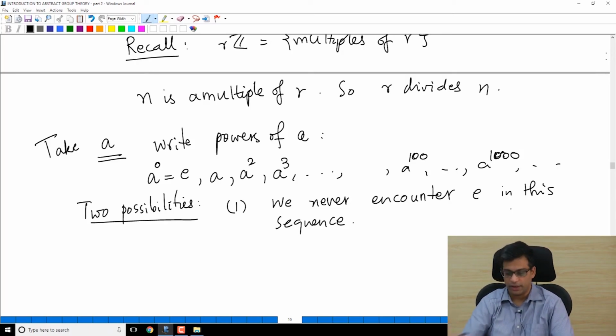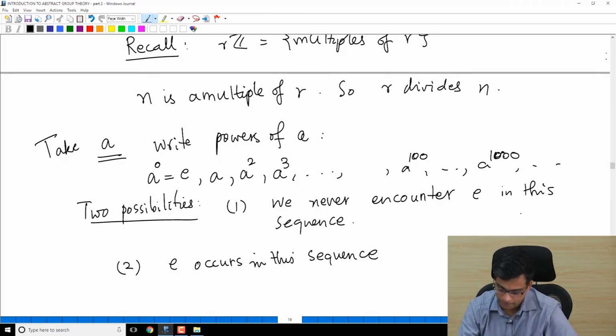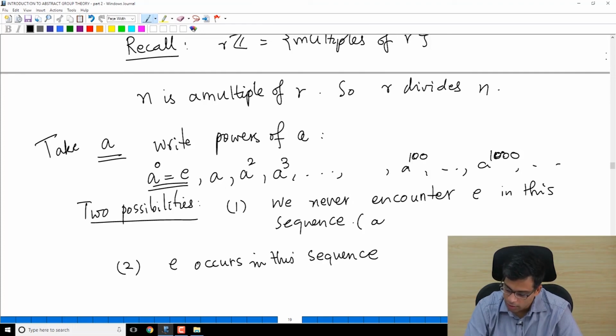Clearly the group must be infinite for this case to occur. The other possibility is that E occurs. Of course, when I say E never occurs, E certainly occurs at the beginning. A power 0 is E, so we do have E there, but we never encounter E in the sequence after A power 0.